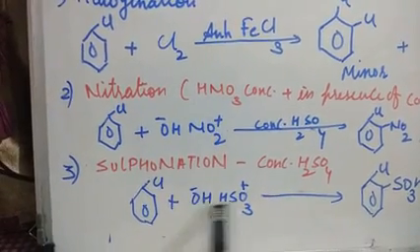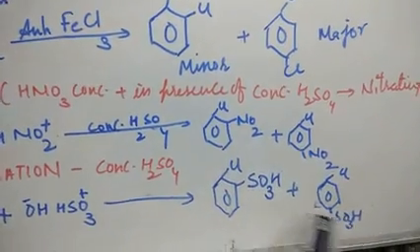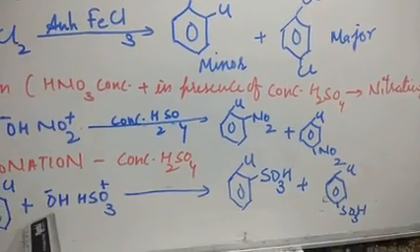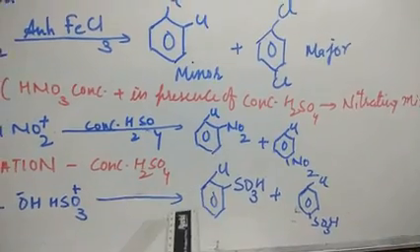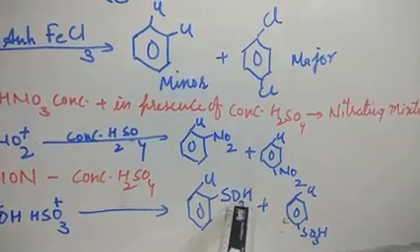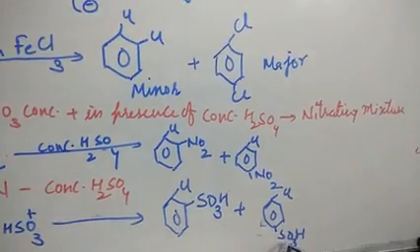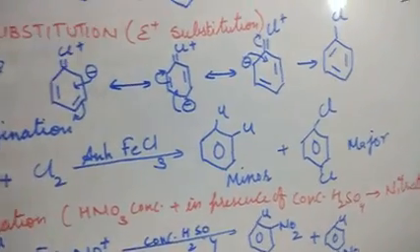During the reaction, this HSO3 moves to ortho or para position, extracts out one H positive from there to form OH negative, and H positive forms water. Major product is this. Sulfonic acid group is adding either on ortho or on para position. So these were the electrophilic substitution reactions, friends.